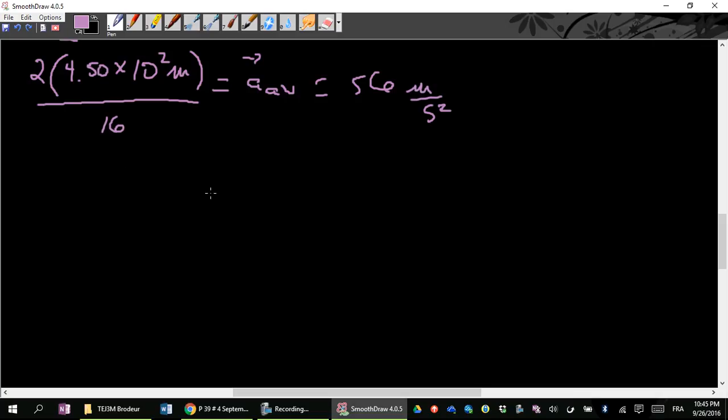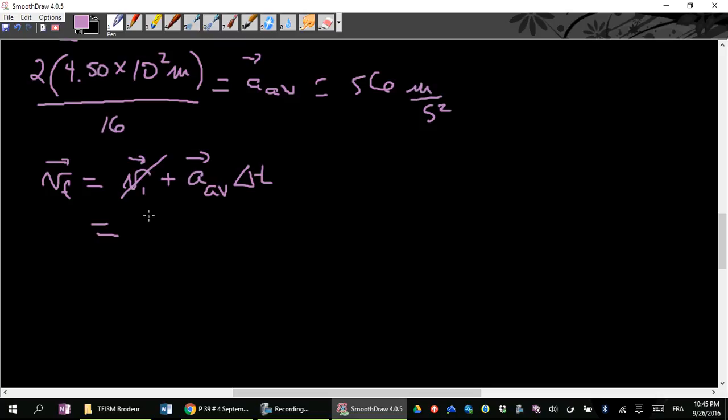So equation 2 reads: velocity final equals initial velocity. Now this is 0, right? So we're going to scratch it right away. Plus average acceleration times delta t. Okay, I like this one. That's easy.